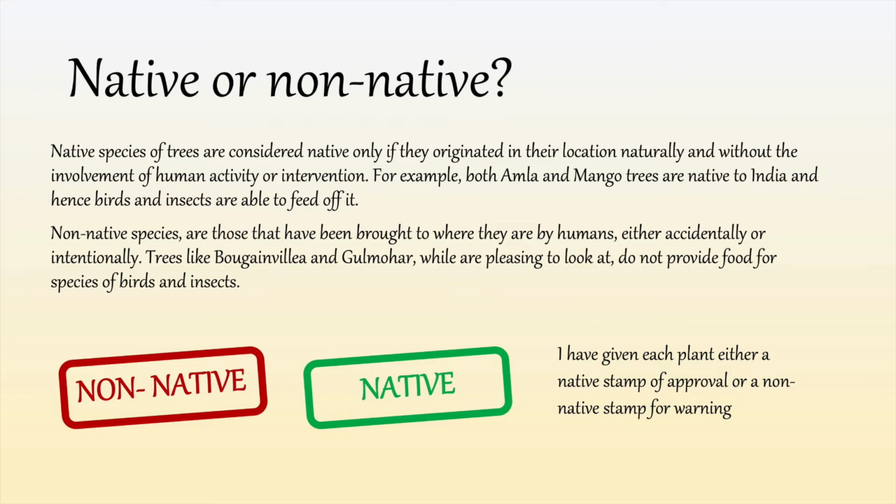Non-native species are those that have been brought to where they are by humans, either accidentally or intentionally. Like bougainvillea and gulmohar, which are pleasing to look at, but do not provide food for species of birds and insects. I've given each plant either a native stamp of approval or a non-native stamp of warning.